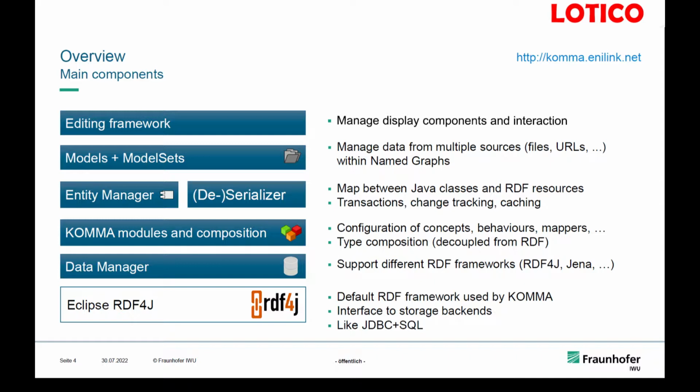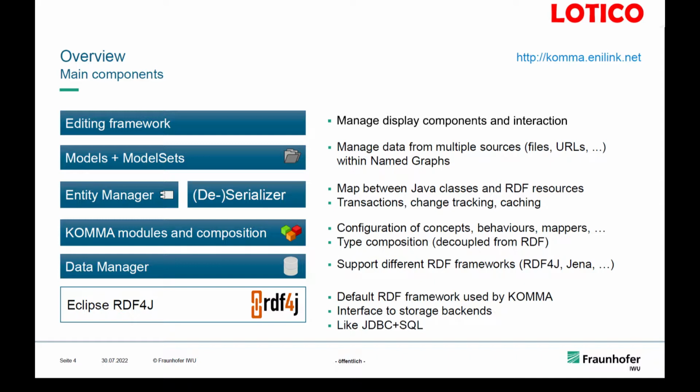On the next layer, there's the data manager. It's a simple API for accessing different RDF frameworks. Currently, it's only implemented for RDF4J, but it would be easily possible to also support Jena, for example. Based on those two modules, there is a layer that configures the mapped concepts, behaviors, and also the mapping logic by using a thing that we call KOMMA modules.